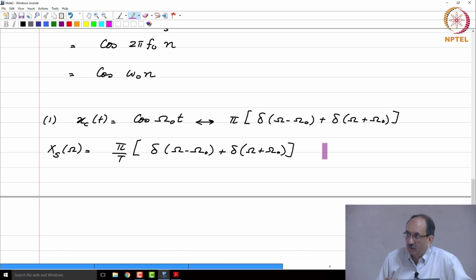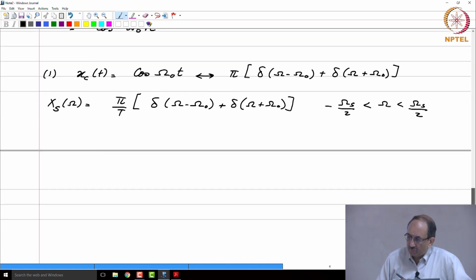What else needs to be put in here? So, this is periodic repetition. So, you have to either periodically repeat the impulse or restrict the range. So, this is valid from minus omega s by 2 to plus omega s by 2. So, this is the fundamental copy of the periodic repetition of the spectrum.